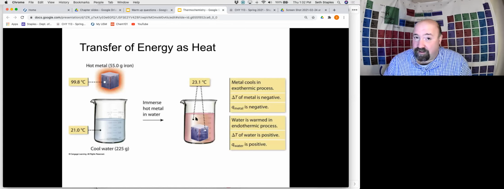The sign will be different because the direction of energy flow is different for each, but the amount of energy involved will be the same until we come to what we call a thermal equilibrium, where they are now both at the same temperature. They're both at 23.1 degrees C. And so that should, again, just make intuitive sense. If I take a hot piece of metal, drop it into water, the metal's going to cool down, the water's going to heat up until they both reach the same temperature.